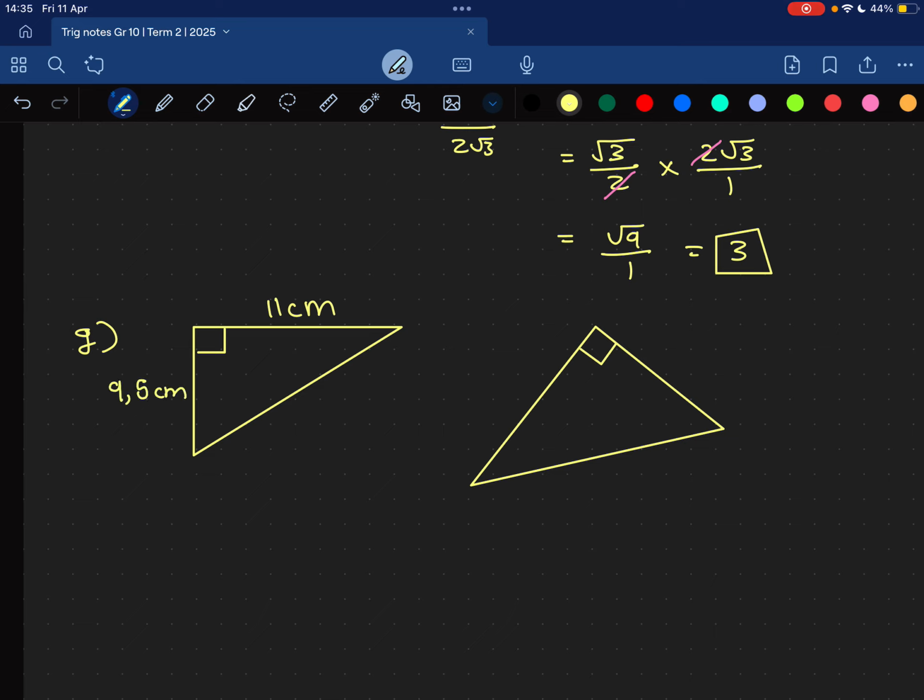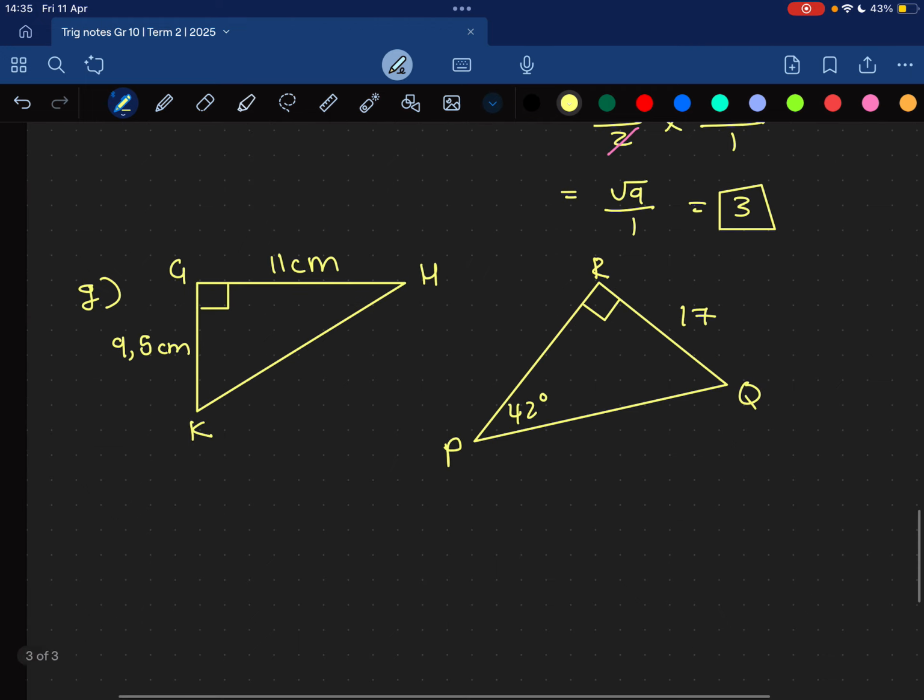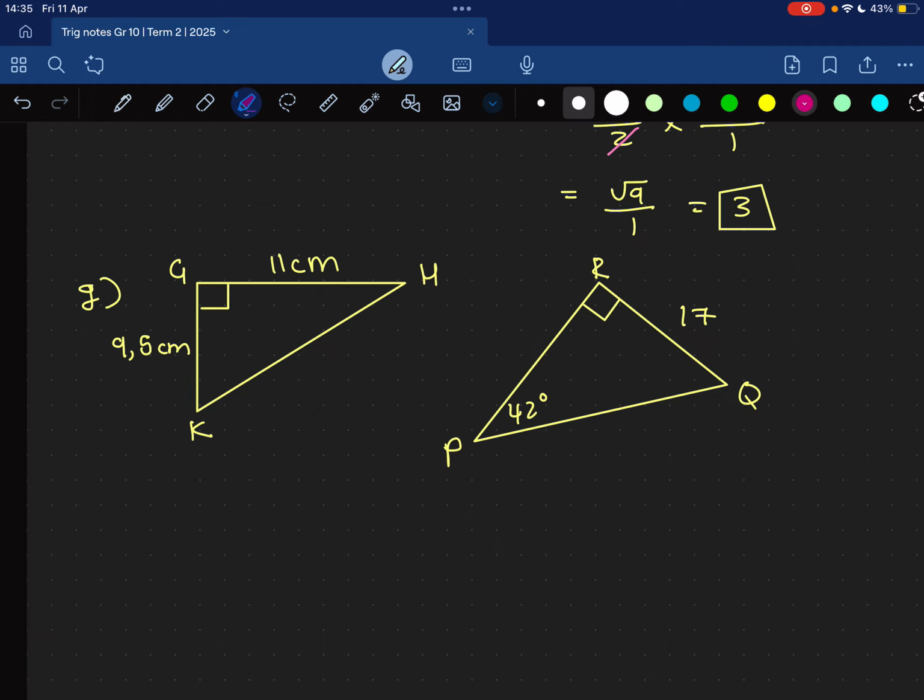Okay, so G, H, K, R, P, Q. Okay, so it says to calculate the length of PQ and PR. So I'm going to go and see, okay, they want PQ and PR.